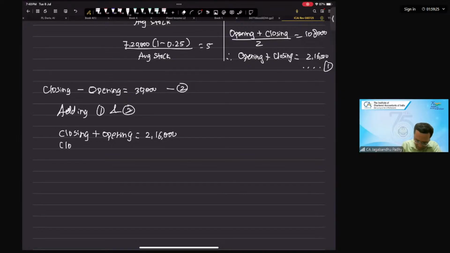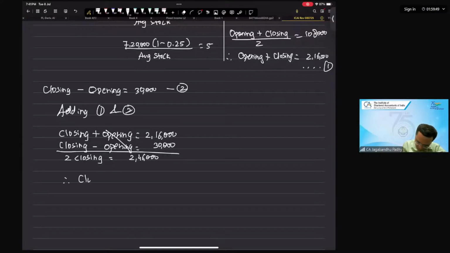And the difference between closing and opening is 30,000. So the opening stock gets cancelled, and we have 2 times closing is 2,46,000.